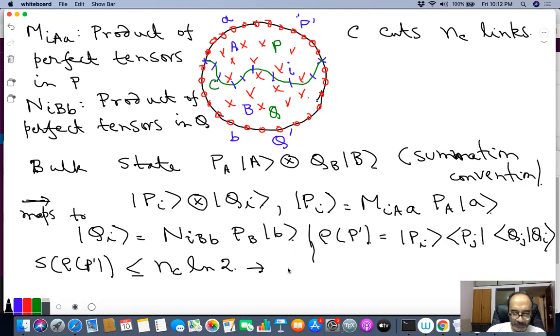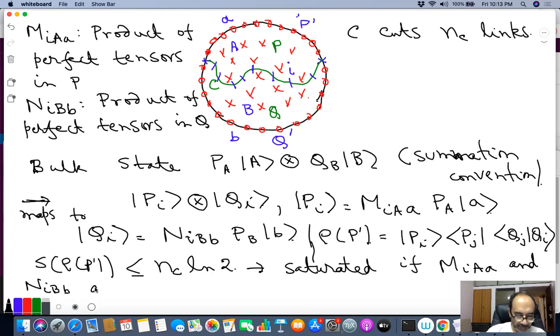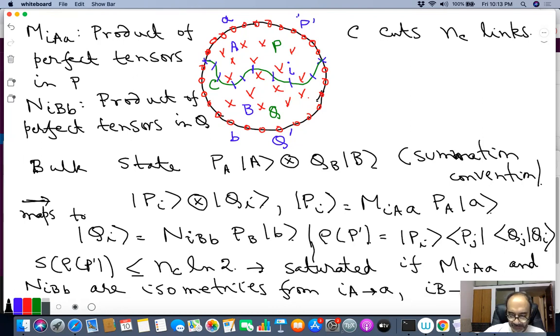And this equality is saturated if M_{IAa} and N_{IBb} are isometries. So M has to be isometric from the space of IA to a, and N has to be isometric from the space IB to b.